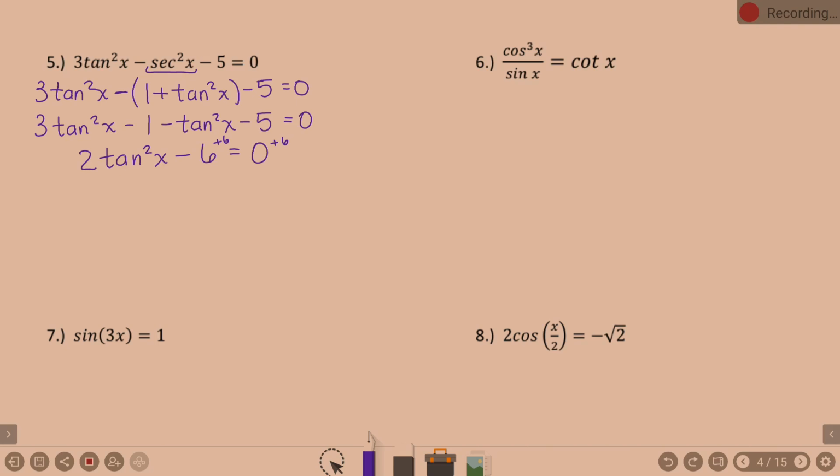Okay, add 6. So 2 tan squared x equals 6. Then we're going to divide by 2. So now I have tan squared x equals 3.